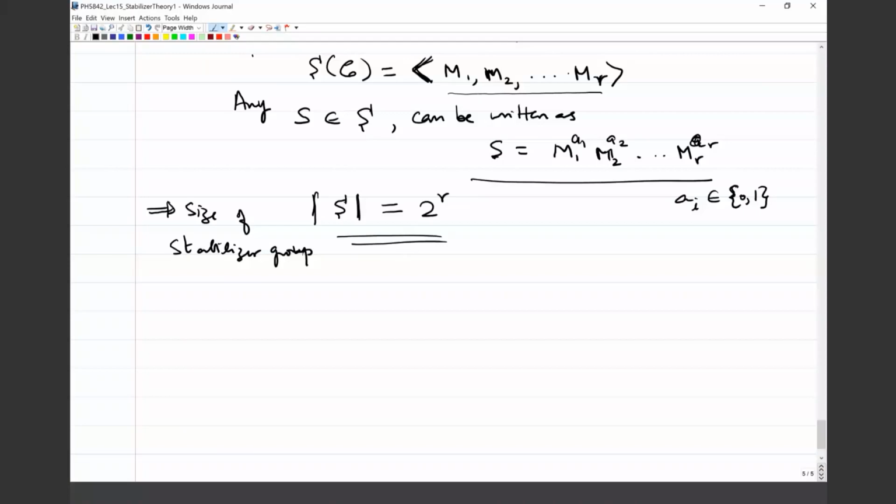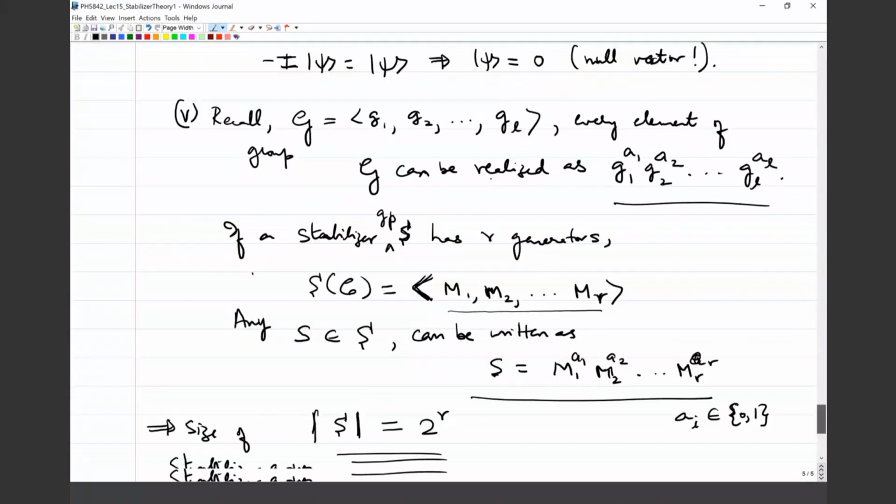If the stabilizer group is generated by R operators, then it has a total of 2 to the R elements, right? And R, of course, is smaller than or equal to N because we are talking about N qubit operators.